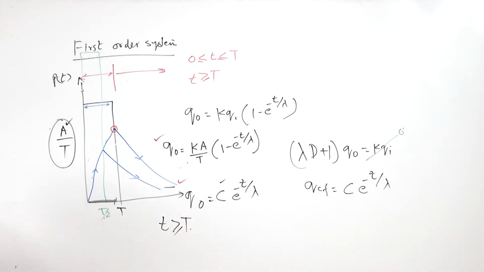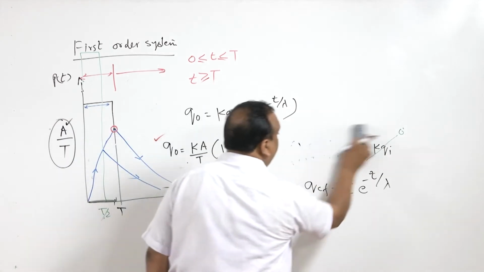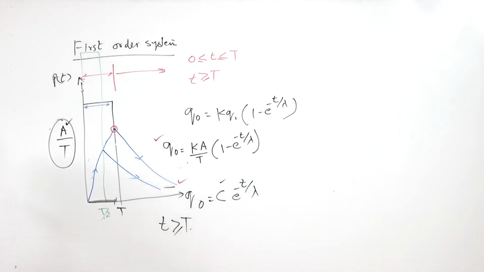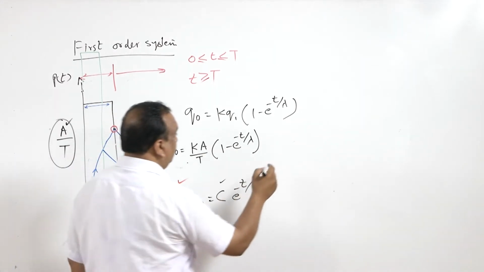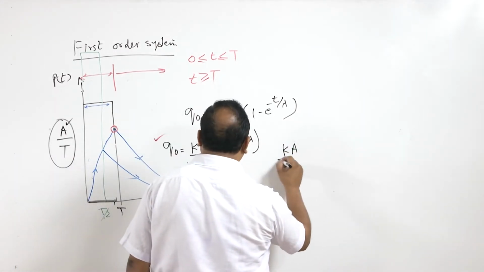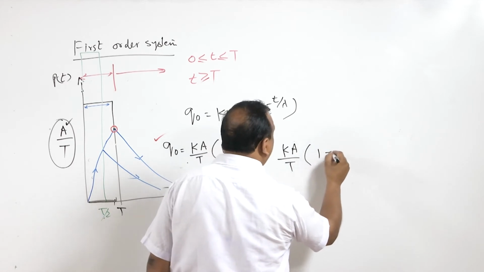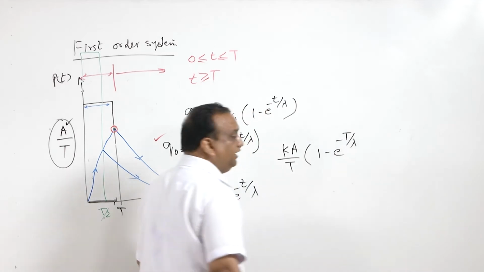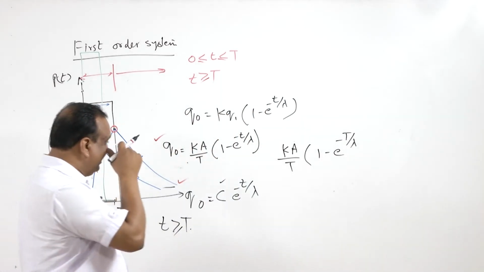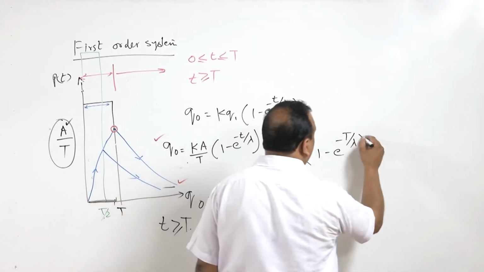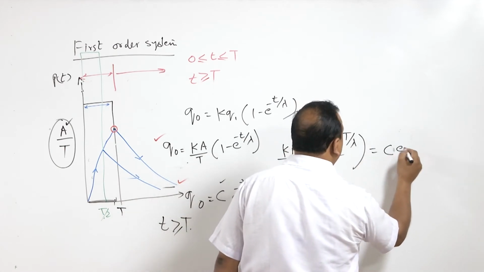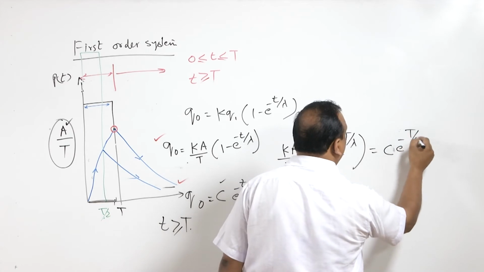Once we are putting t is equal to capital T, t is time. So it means K a by T (1 minus e raised to power minus capital T by lambda) is going to be equal to C e raised to power minus capital T by lambda.